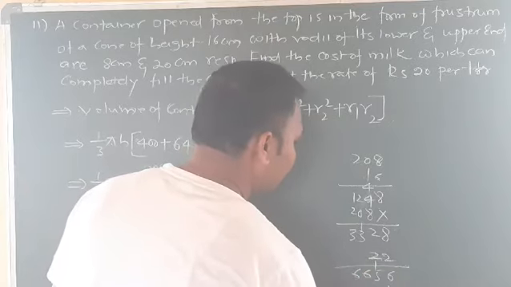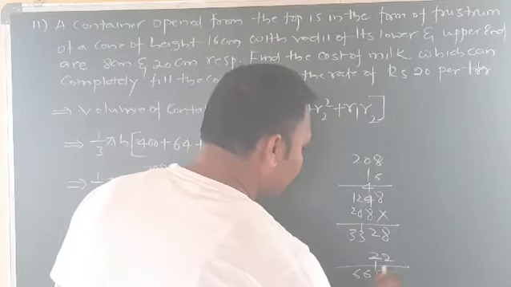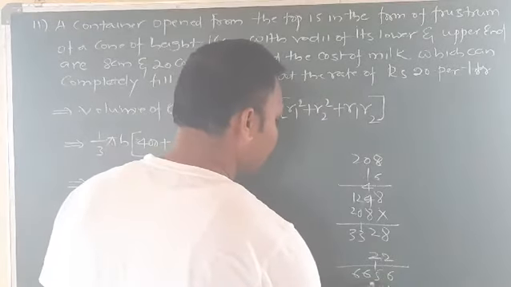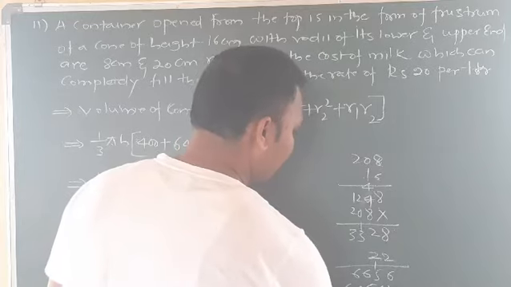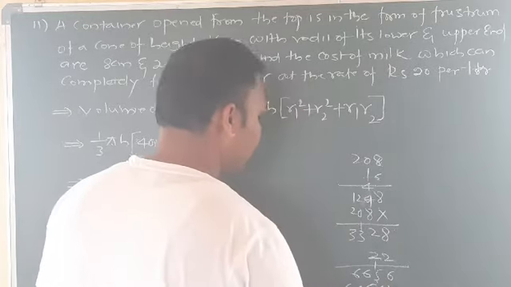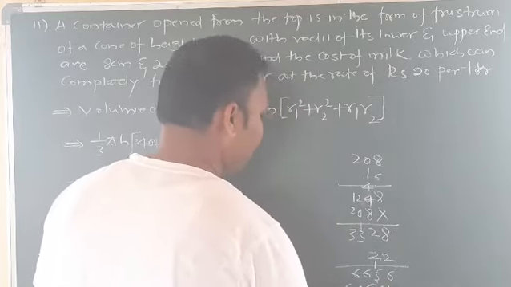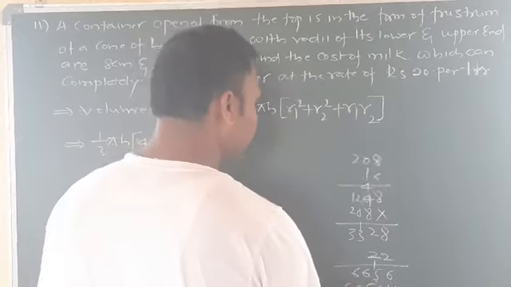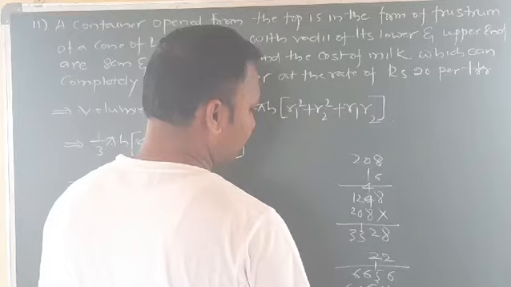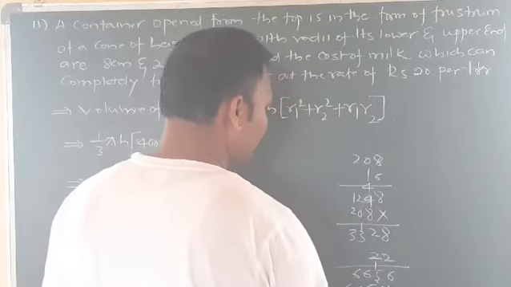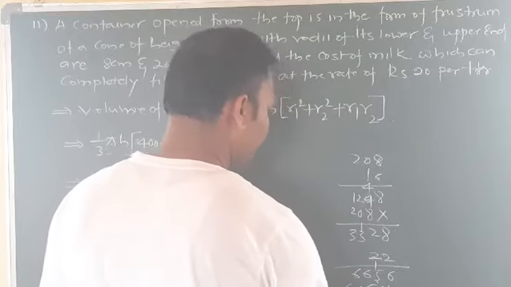So 2 eights are 16, 1 is remaining, 2 twos are 4, and so on. Adding up: 6, 5 and 6 we have 11, 1 will come here; 6 plus 6 is 12, 1 will come here; 6 and 6 is 12, and 13, so again we have 7.